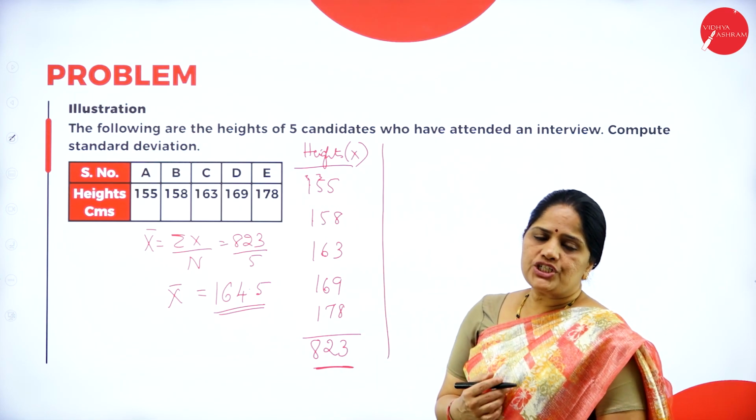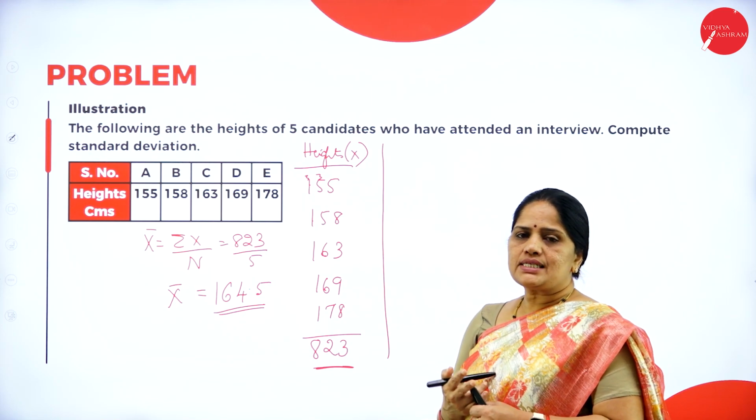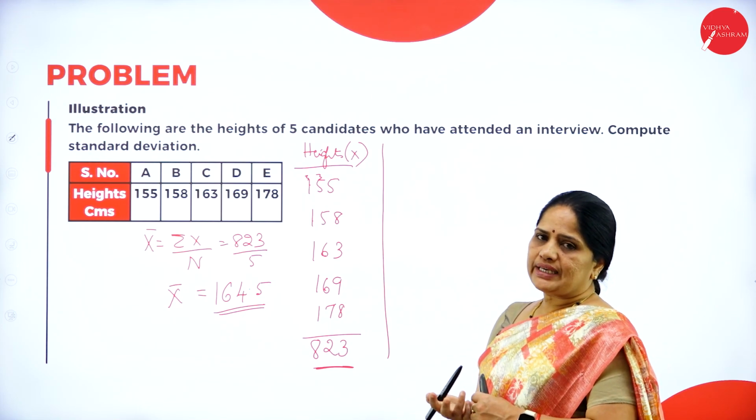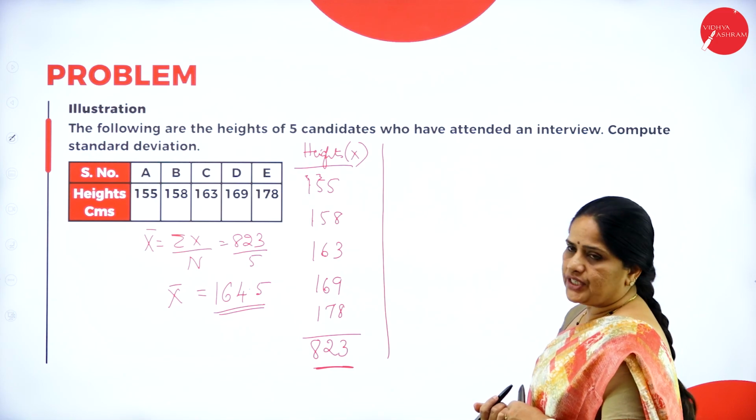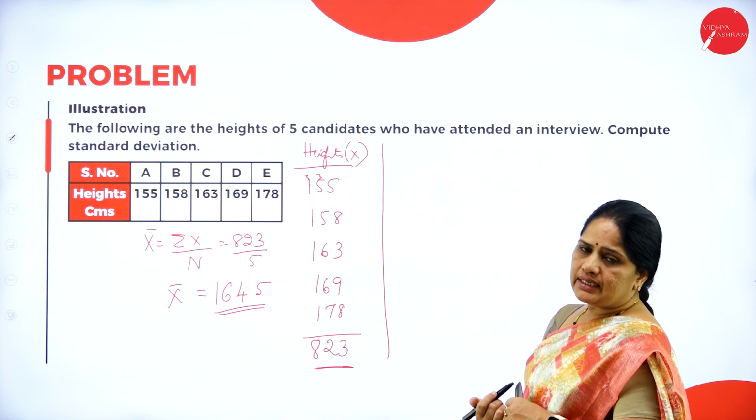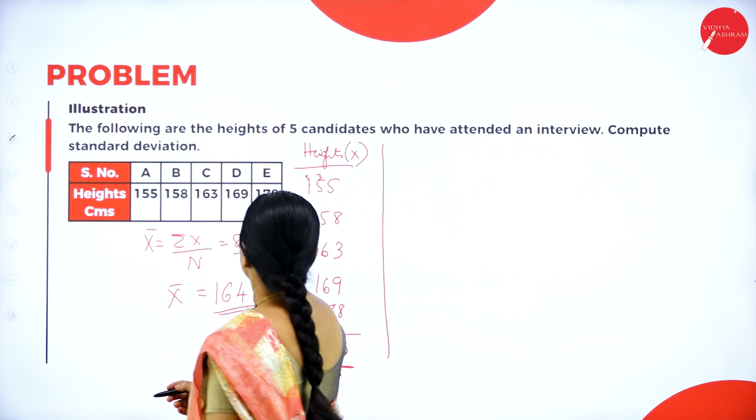Then next we have the standard deviation here. Now the standard deviation can be calculated in two ways. That is, with the help of the assumed mean also we can calculate the standard deviation.